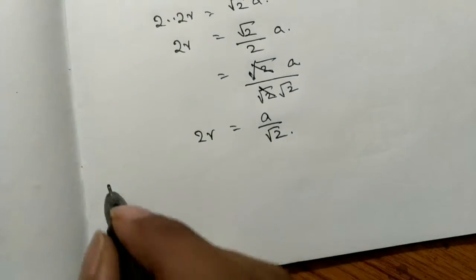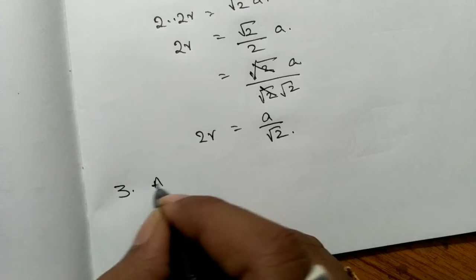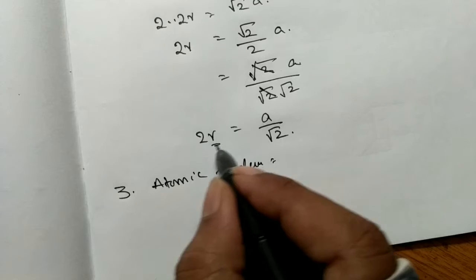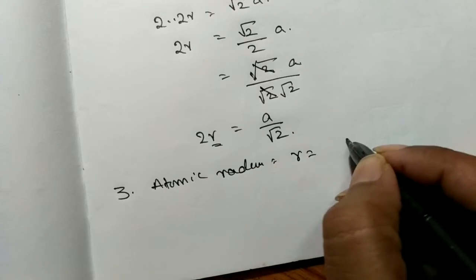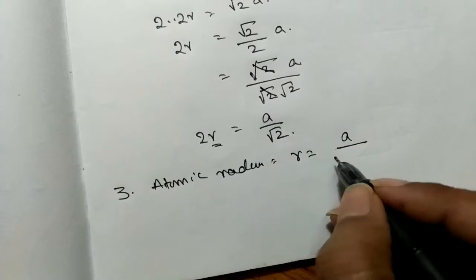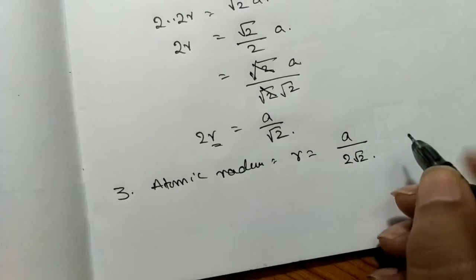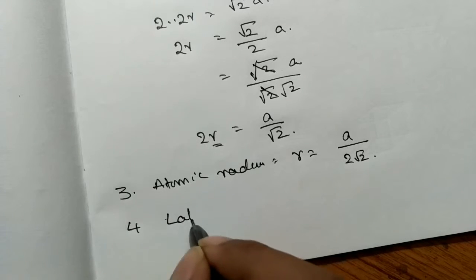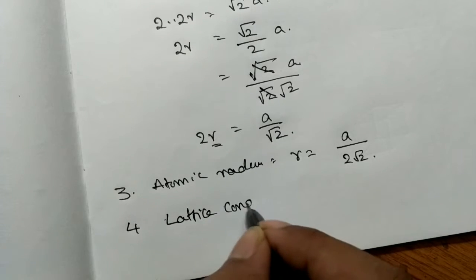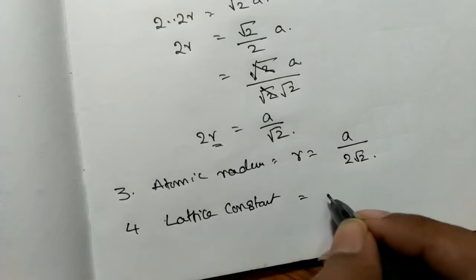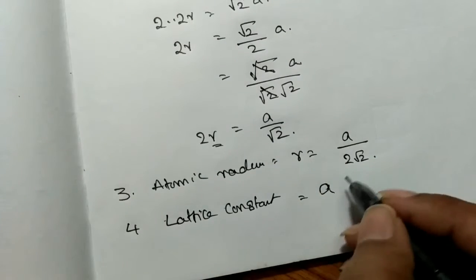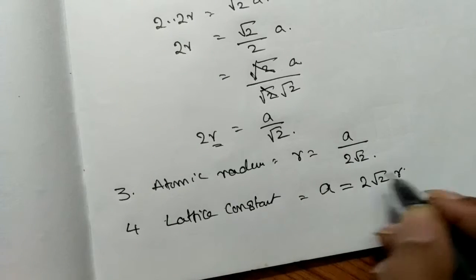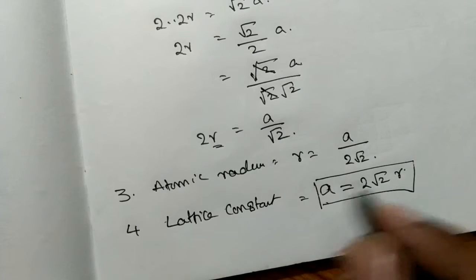Now point 3, atomic radius R is equal to A by 2 root 2. Fourth one, lattice constant: A is equal to 2 root 2 R. This is the lattice constant.